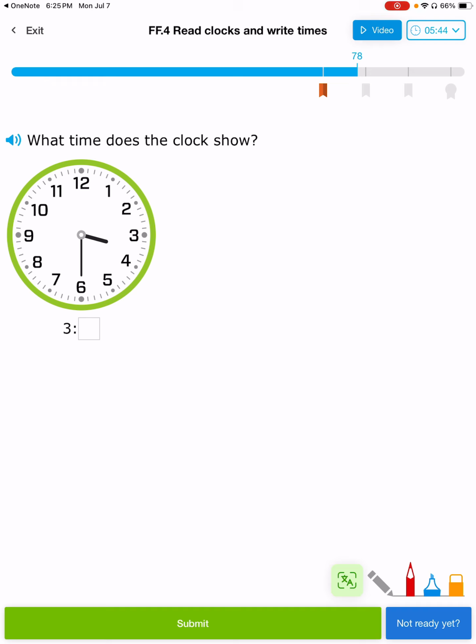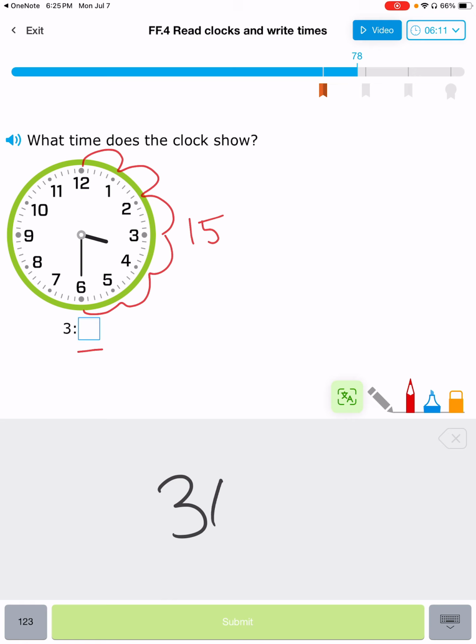What time does the clock show? All right, we're looking for the minutes hand. Minutes is told by the long hand. Long hand moves number to number, adding 5 at a time. So that's 5, 10, 15, 20, 25, and 30. It is 3:30.